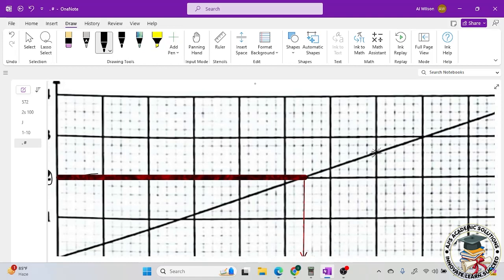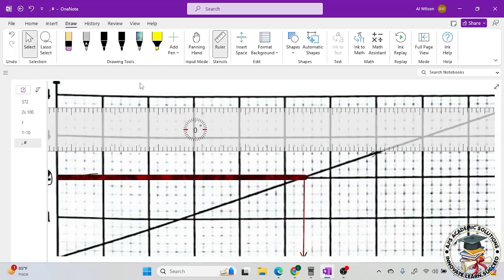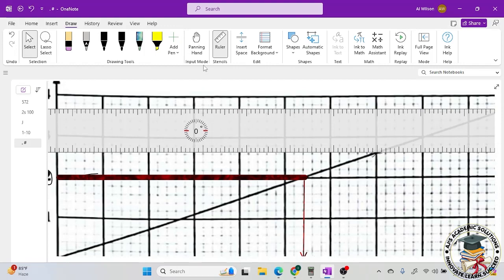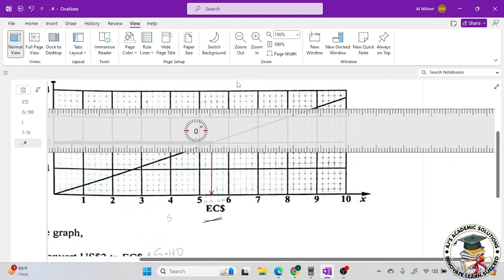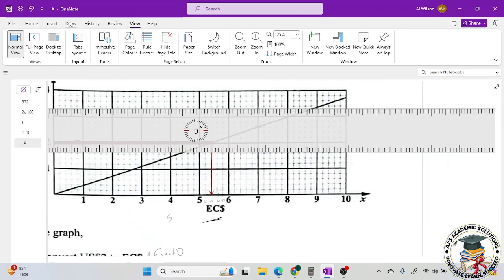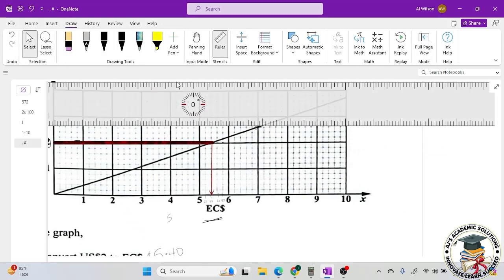So with that being there, let me see if I could use this ruler and select. All right, so this is how you do it on your part. Just zoom out a bit. Zoom out one more. Let's go back to draw, select. So it's somewhere there.